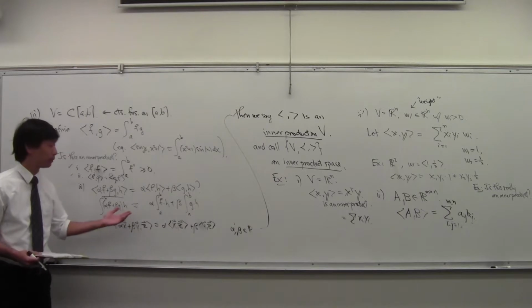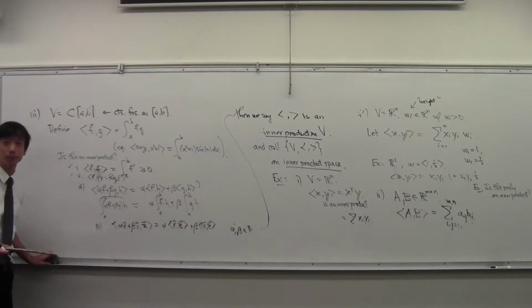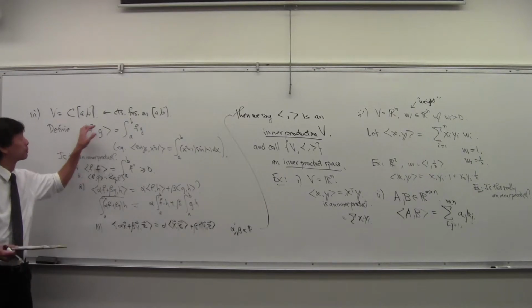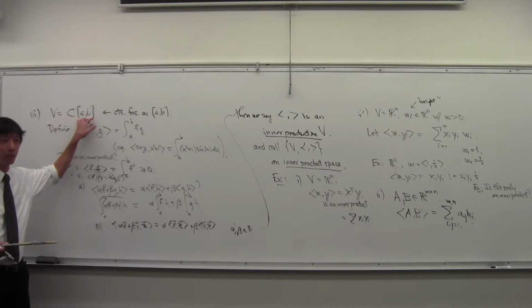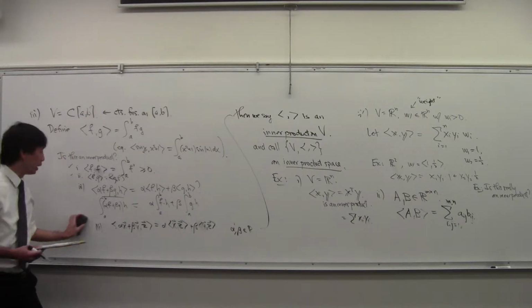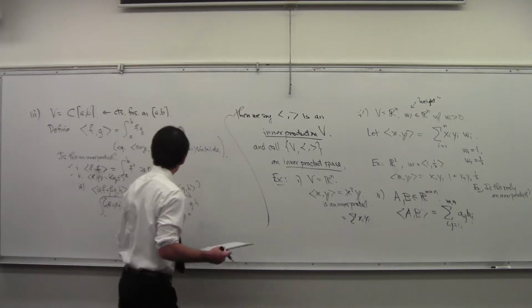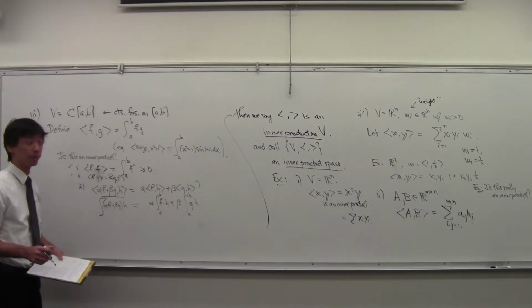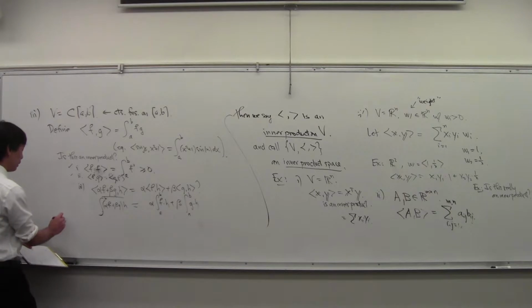So that's true. So there's an inner product on this vector space of continuous functions. So it's not all things that look like Euclidean space.